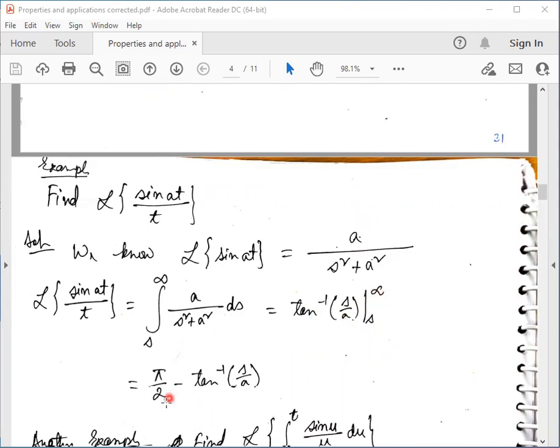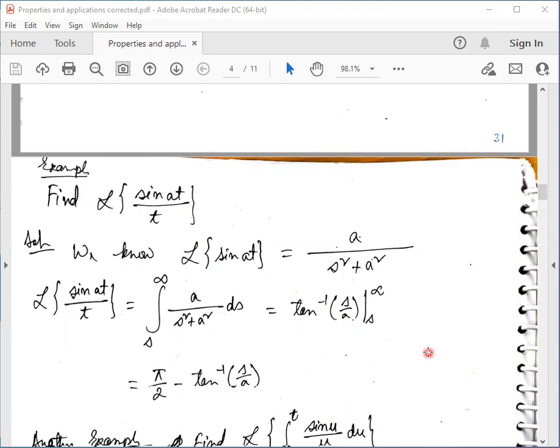Tan inverse infinity is pi by 2, if we take the principal branch as the range 0 to pi. And the other is tan inverse s by a. So we get pi by 2 minus tan inverse s by a. So this is a simple application of the division property.